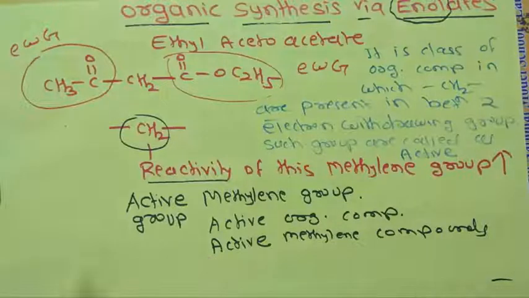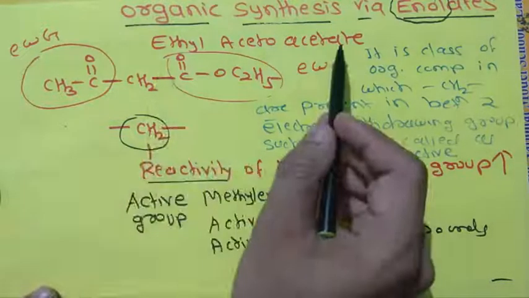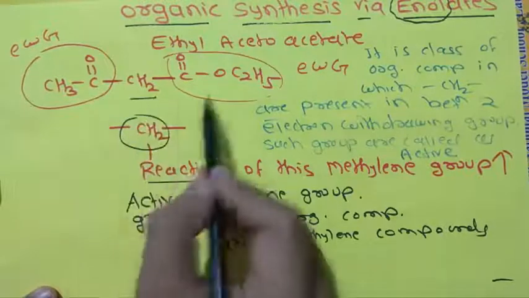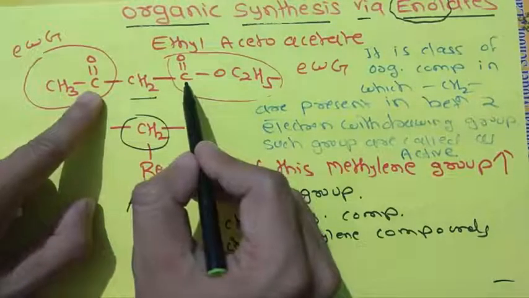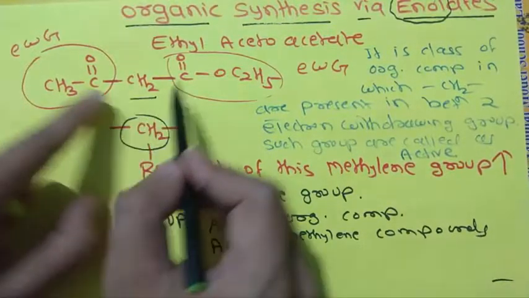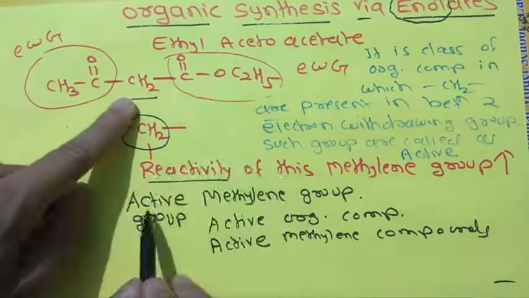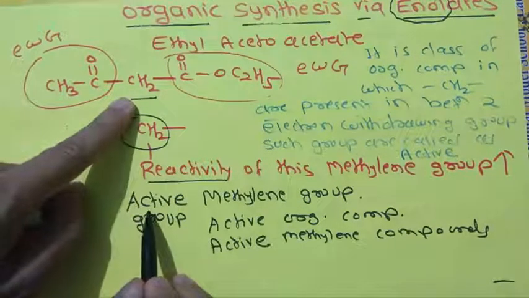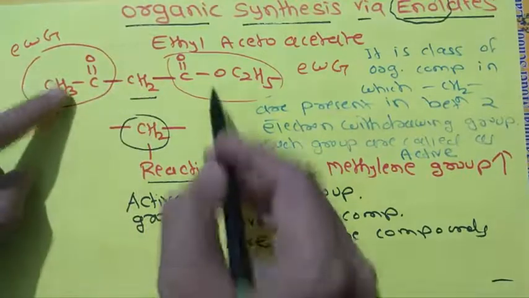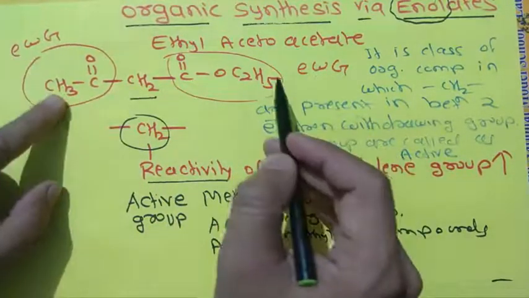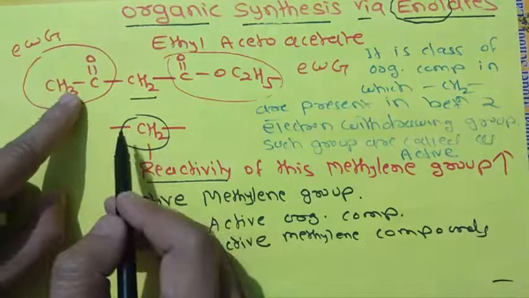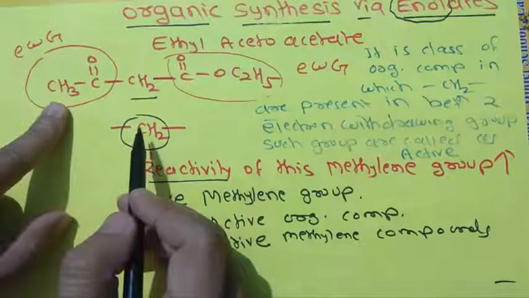This is the speciality of ethyl acetoacetate: the CH2 group is present in between two carbonyl groups, and it is very active because it is present in between two electron withdrawing groups. This CH3 C double bond O is the first electron withdrawing group.